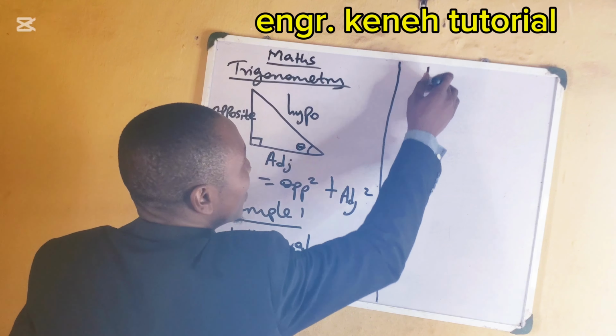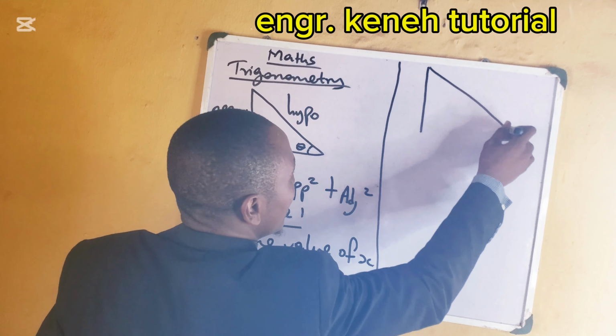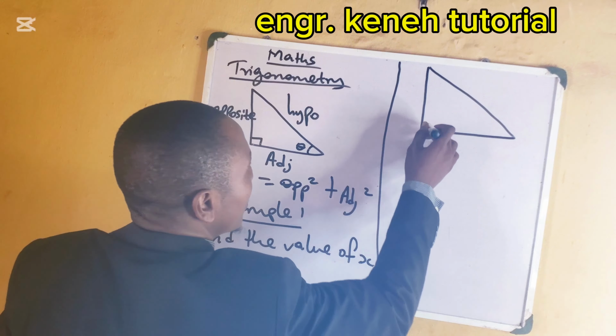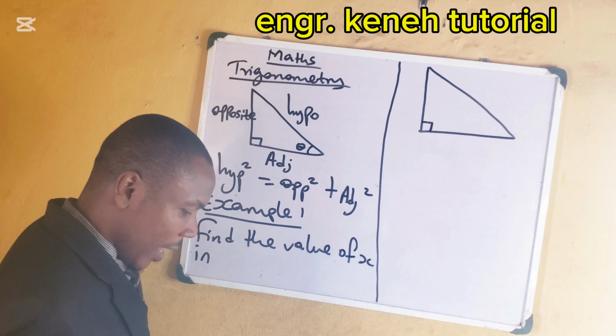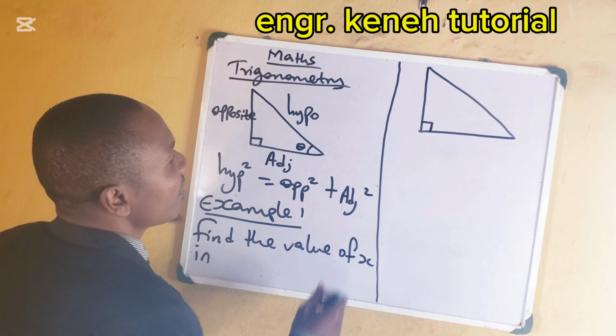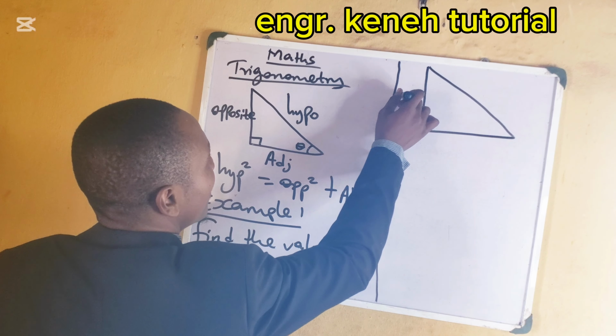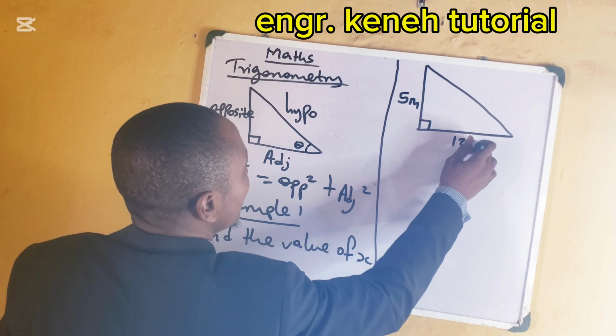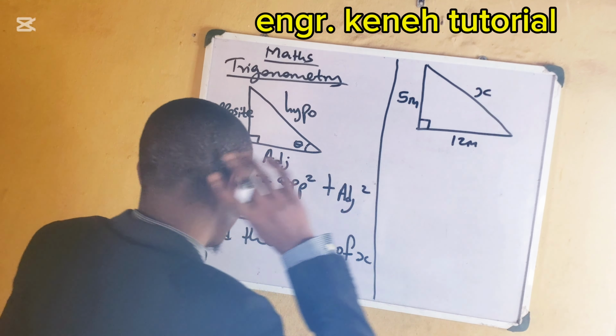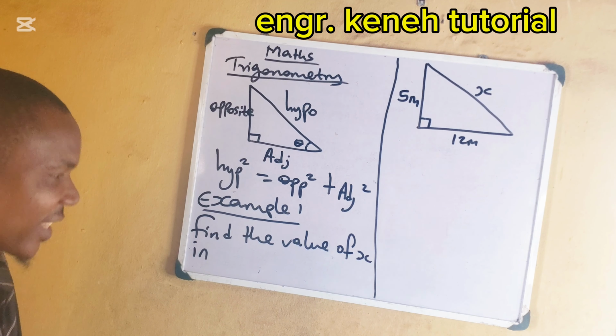We have a right-angled triangle like this. Assuming we have 5 meters here, 12 meters here, and x here. They say find the value of x.